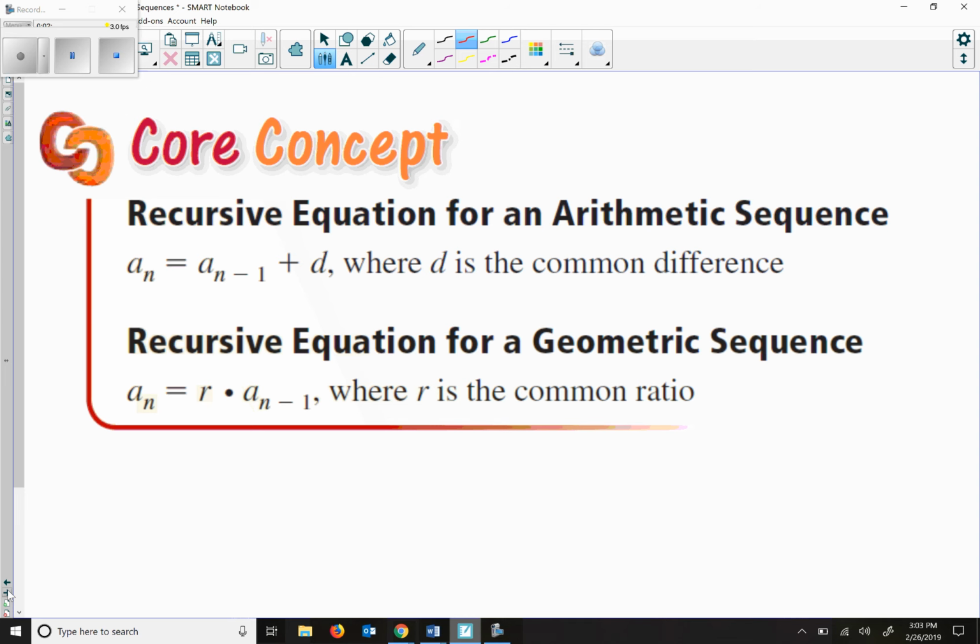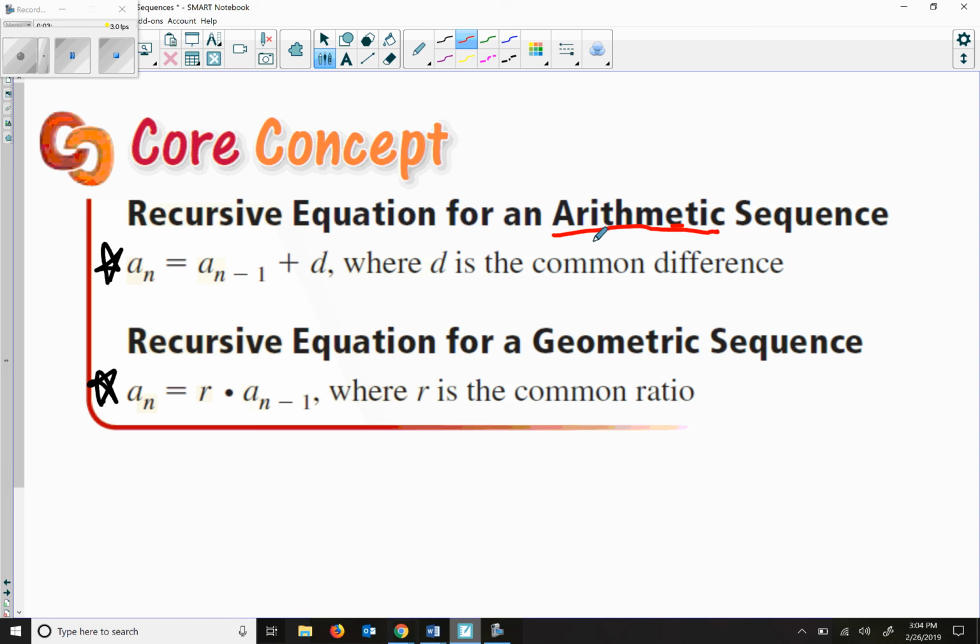So our core concept: make sure that you have these 2 formulas down. You are going to need them, and we're going to use them a lot in this lesson. A recursive equation for an arithmetic sequence is a sub n equals a sub n minus 1 plus d.